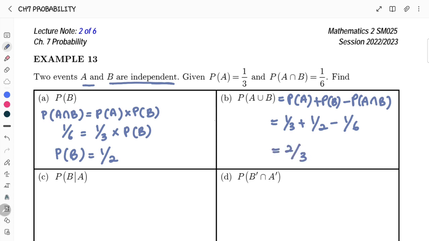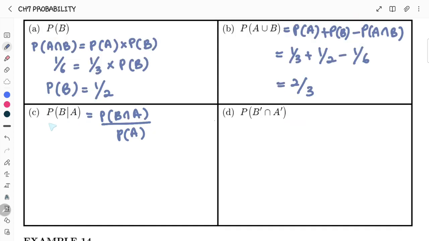So you get 2/3. Next one, using the formula, we get this. The intersection is equal to 1/6, over P(A), which is 1/3. So then we get 1/2.